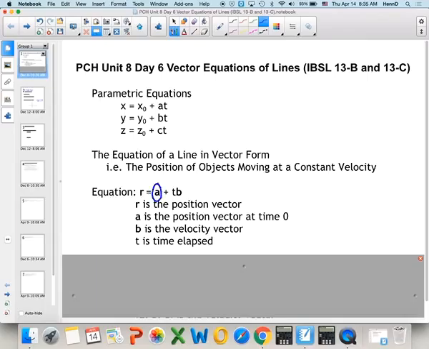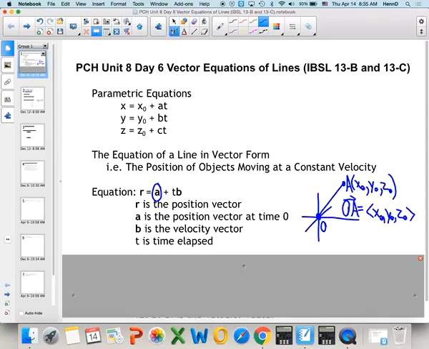A is the position vector when the time is 0. If A is the point x sub 0, y sub 0, z sub 0, then the position vector is its position relative to the origin. So this little a would be vector OA, and its components are simply x sub 0, y sub 0, z sub 0.